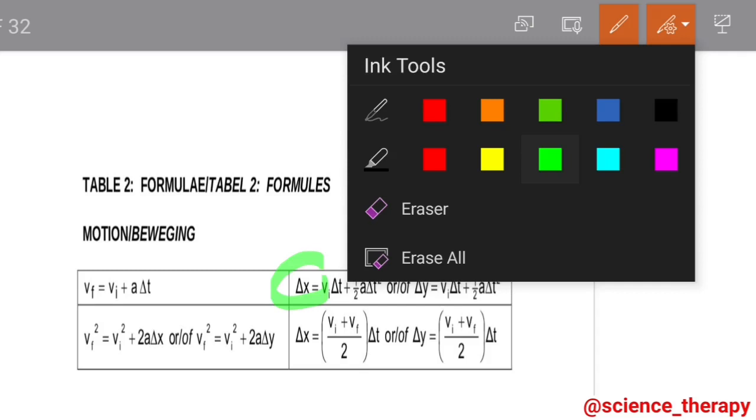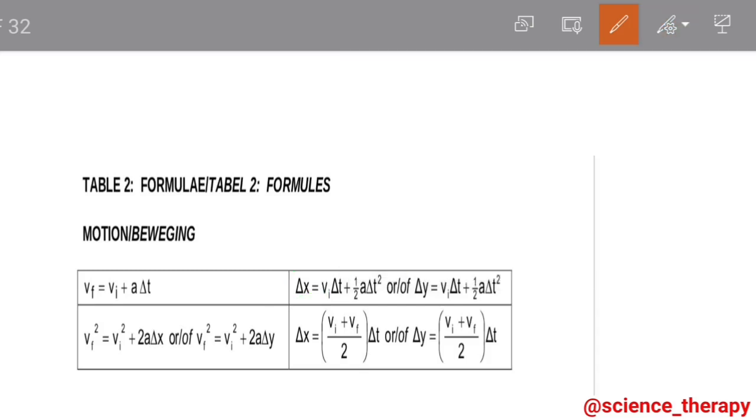Now with this one, there's gonna be a slight change in that for the displacement or the distance, we're gonna be using delta y. Why? Because our objects will be moving vertically, right? So still the same thing.